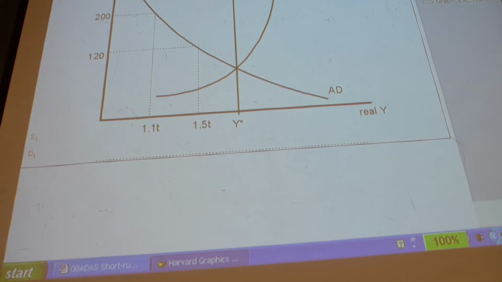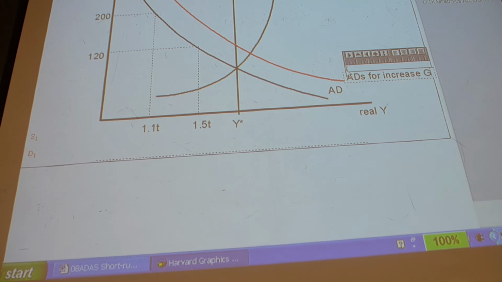So I'll show you this. We're going to see that aggregate demand increases. This is AD, AD's S for increase in G. Everybody? So if you increase government spending, we're going to see how this is. It's going to increase aggregate demand.